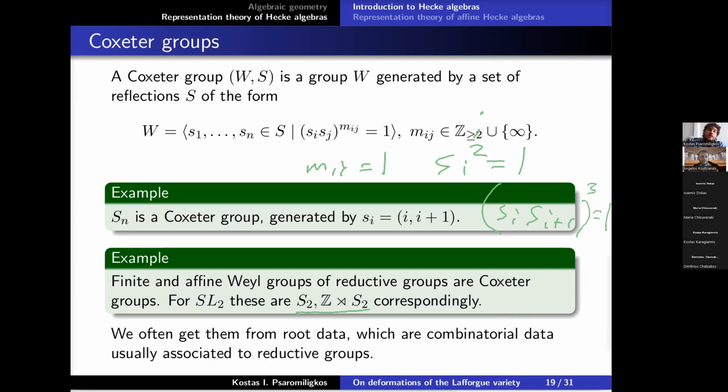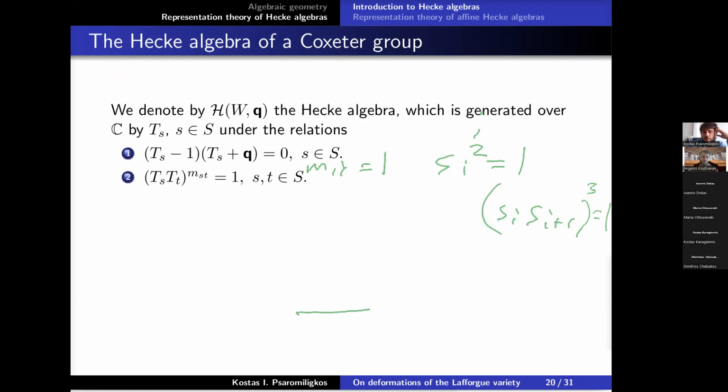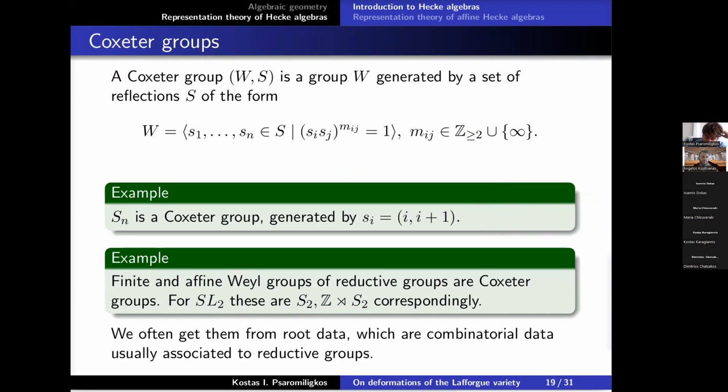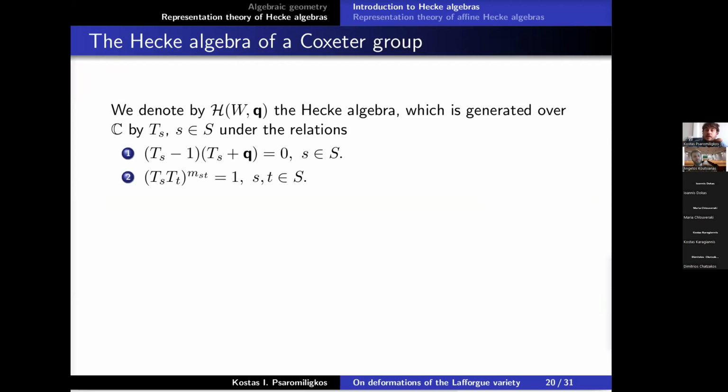Where do we get Coxeter groups? Well, from various sources, but often we get it from root data, which is some kind of combinatorial structure coming usually from reductive groups. Some people study them independently, but usually you get them from reductive groups. Now, if we have a Coxeter group, we can already define a Hecke algebra, and it's just an algebra satisfying these relations, nothing else.